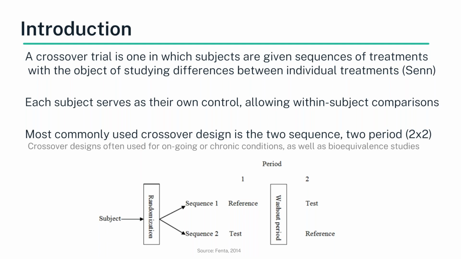But the thing with this type of variability is that the intra-subject variability will tend to cancel out in the long run. However, between-subject variability need not necessarily cancel out in the long run.